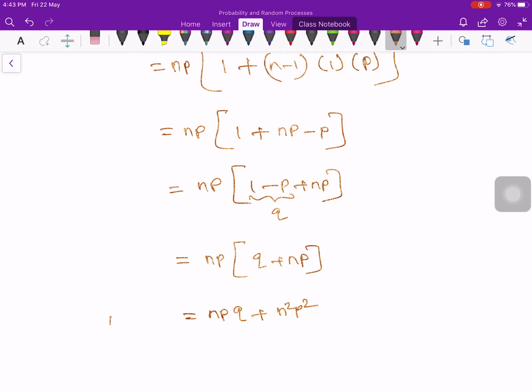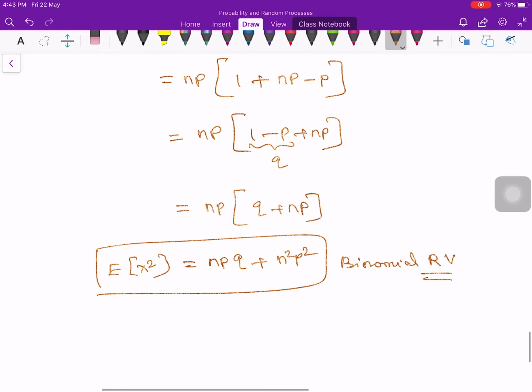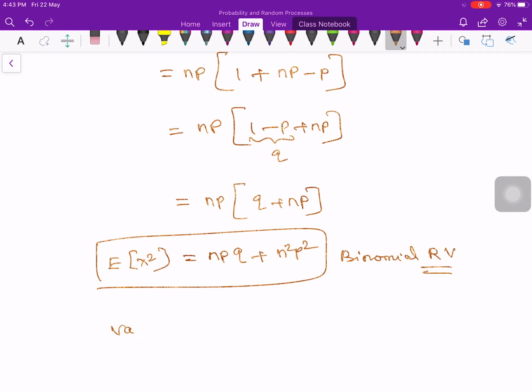So this is the second order moment of the binomial random variable. Now what is the variance? Variance of x equals the expected value of x squared minus the mean of the random variable squared.